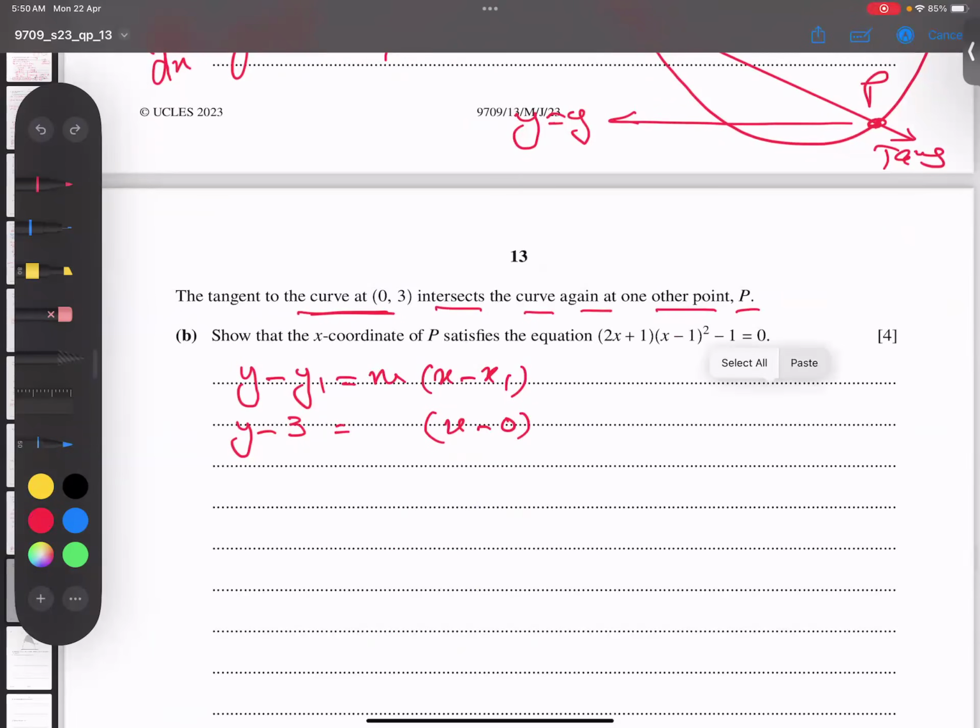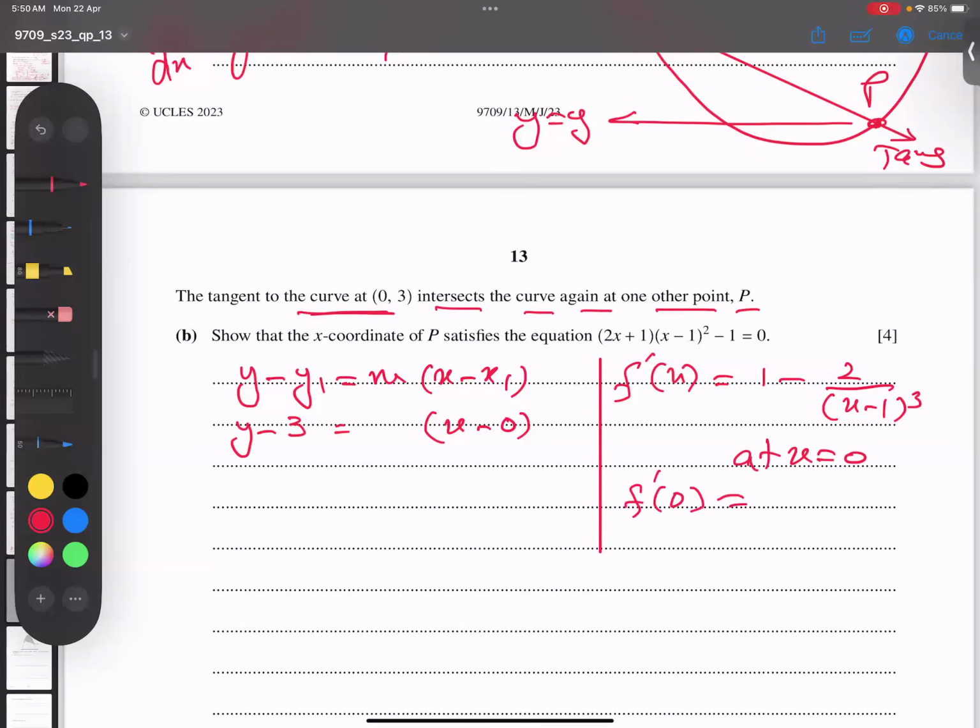I mean derivative, same thing. So I'm going to use this one, and I'm saying here at x equals 0. So when I plug in 0, f dash of 0, 1 minus 2 over (0 minus 1) to the power 3. Power 3, odd number, it will give you minus, and minus minus is plus, I got 2. This is called the gradient.